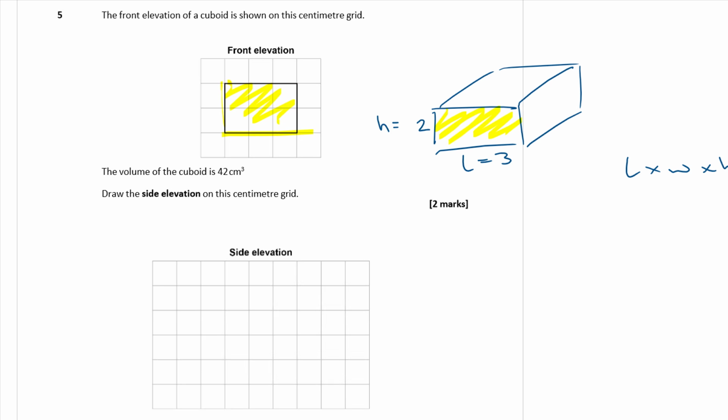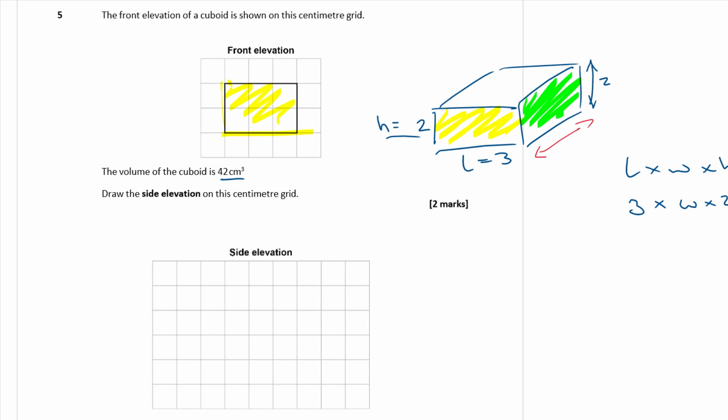So what we need to do then is work out that one, so we can draw this side elevation. I already know that it needs to be 2 centimetres tall because it's the same as the other height, isn't it? But I need to know the width of this. Okay, so the length I know is 3, the width is what I want to find, and the height is 2, and I know that multiplies together to give me 42 because it tells me here.